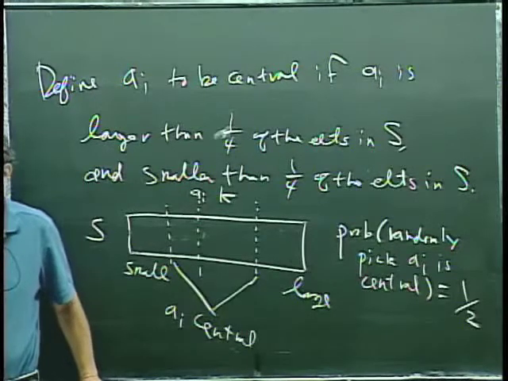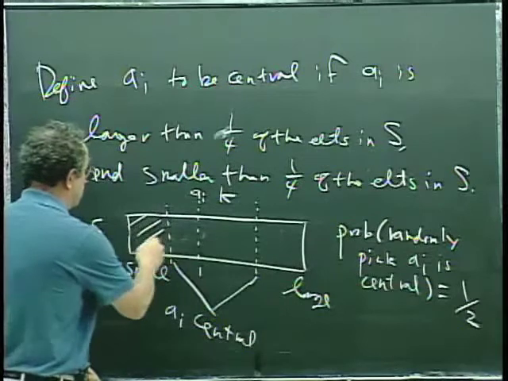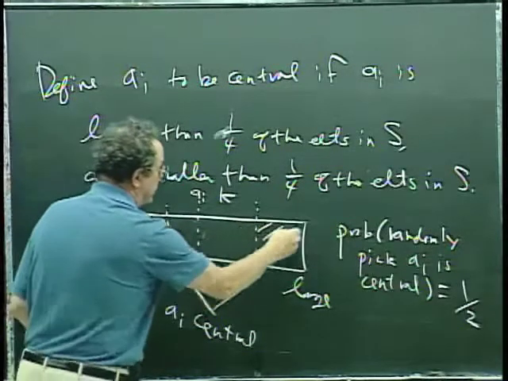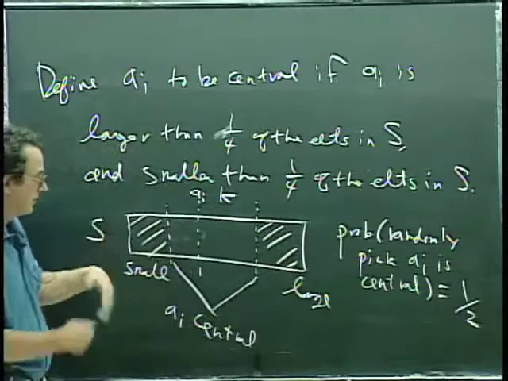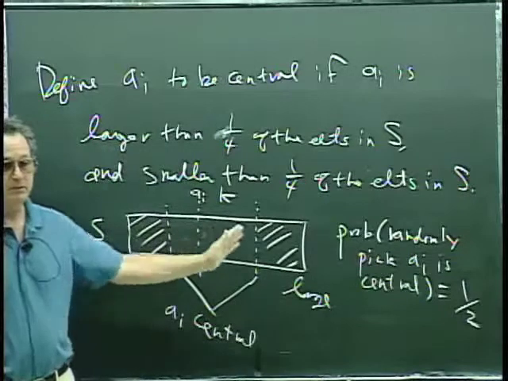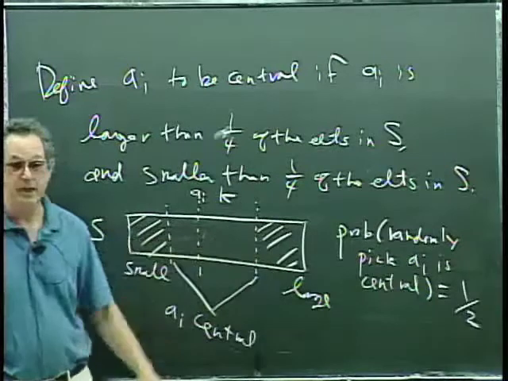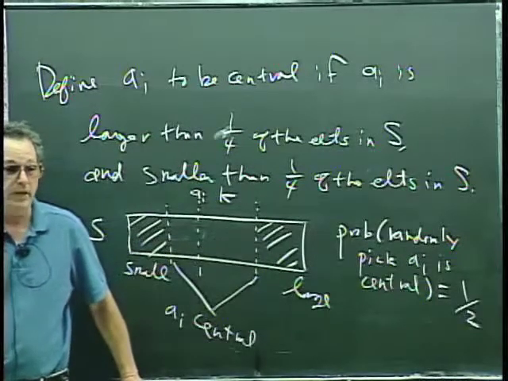It's at most going to be 3/4 of S. You're getting rid of at least a quarter. Because if you recurse on this side, you're getting rid of this quarter at least. If you recurse on the other side, you're getting rid of the other quarter. The point is, if you're central, you're at least getting rid of a quarter of the elements of S in your next call to select.